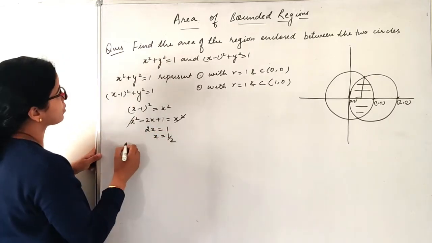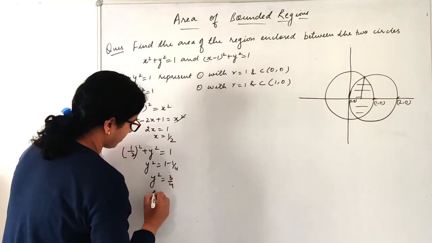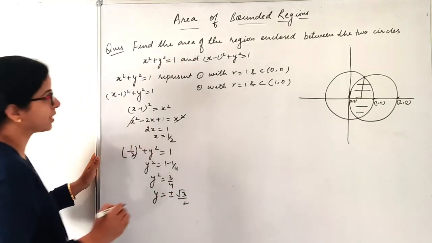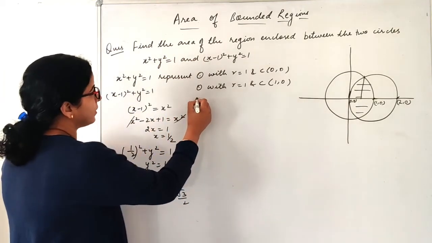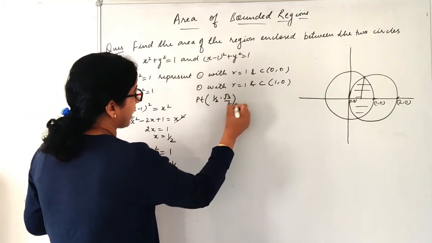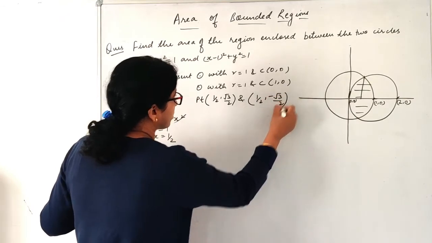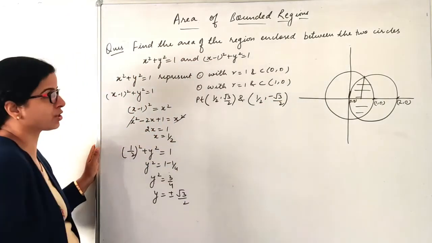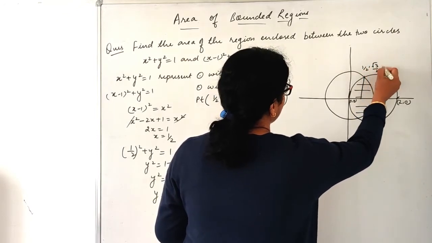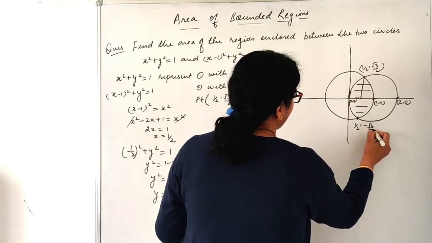What am I getting as the values of y? y is equal to plus minus root 3 by 2, correct? So my points of intersection are 1 by 2 comma root 3 by 2 and 1 by 2 comma minus root 3 by 2. So these are my points of intersection. So this will be 1 by 2 comma root 3 by 2 and this point is 1 by 2 comma minus root 3 by 2.